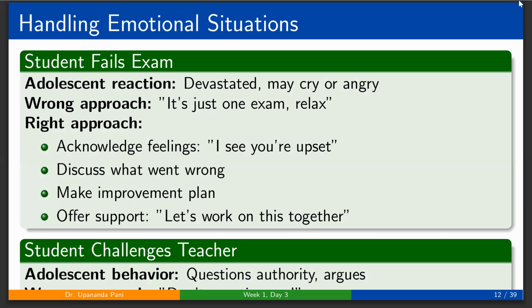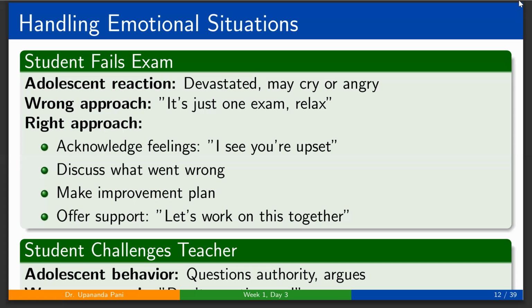Then how a teacher can handle the emotional situation. Suppose let's say that the student fail exam, so the adolescent reaction will be devastated. They might cry or angry. So wrong approach is, it is just one exam, relax. Right approach is acknowledge the feelings. I see you are upset. Discuss what went wrong.